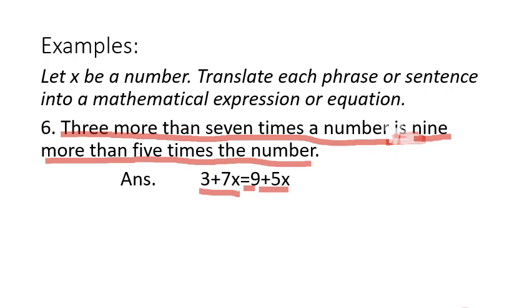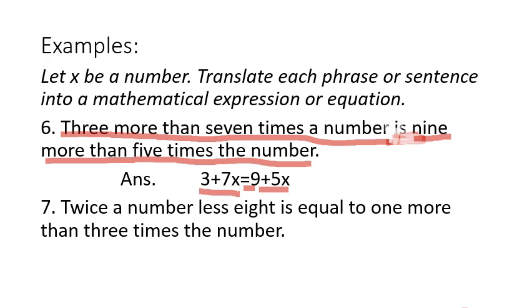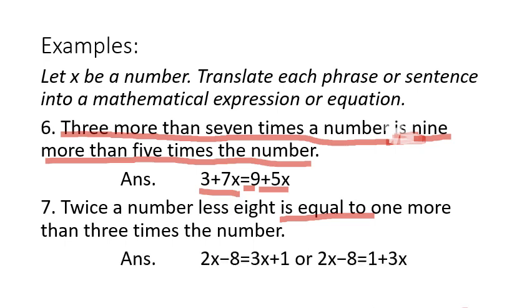Questions? You can type in your questions in the chat box so we can discuss it. Okay? Next number. Twice a number less 8 is equal to 1 more than 3 times the number. Again, you have two expressions, and then merong nakalagay is equal to, so this is an equation. So, what was the answer?